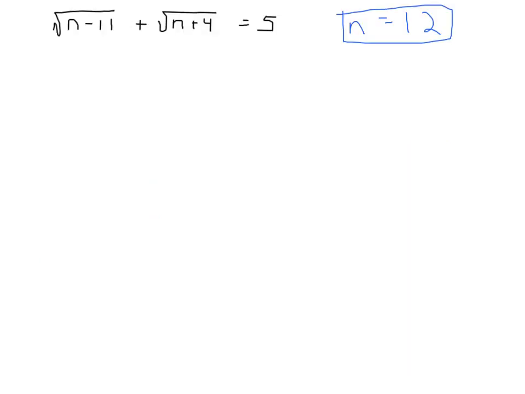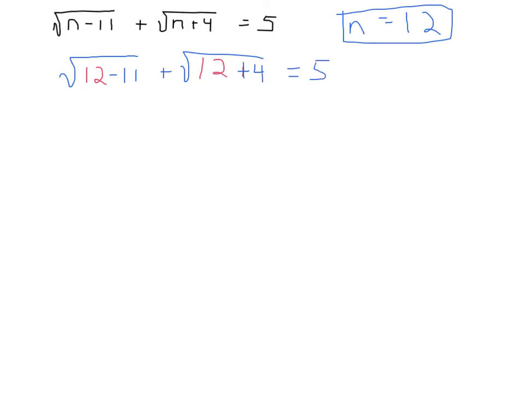But we're not done. On a problem like that, we want to make sure we got the answer correct. So we plug n back into our original equation, and n is 12: 12 minus 11 plus the square root of 12 plus 4 should equal 5.